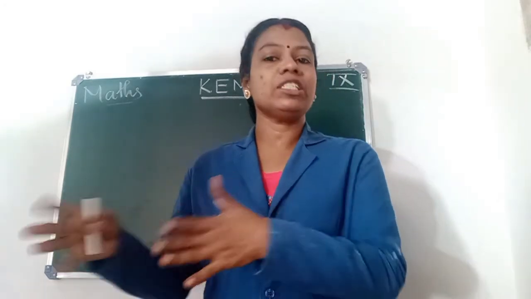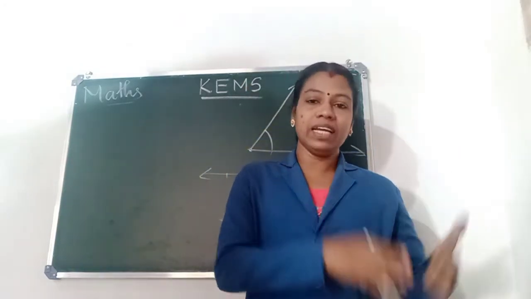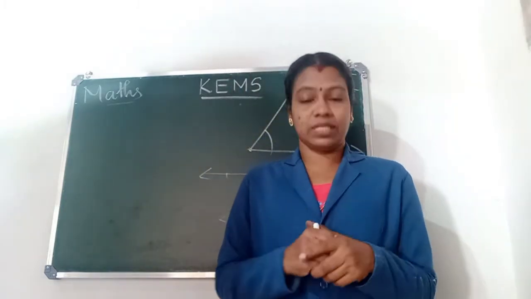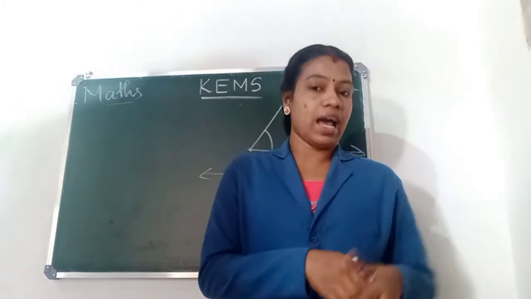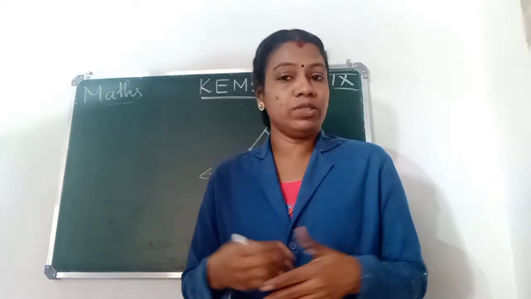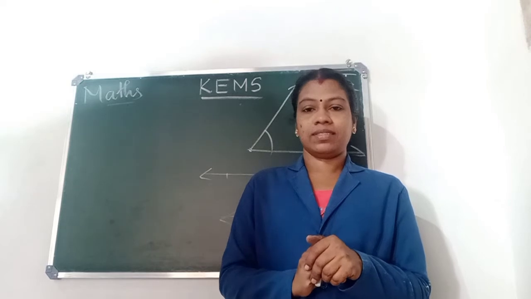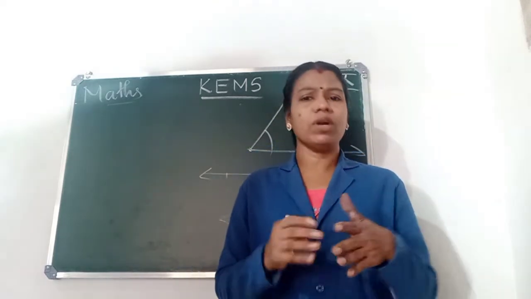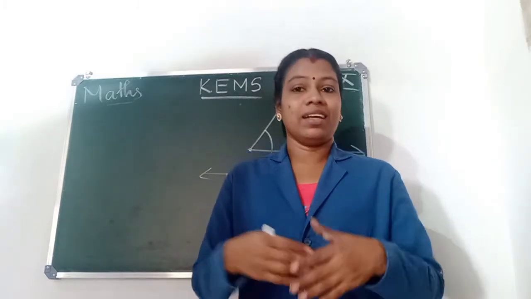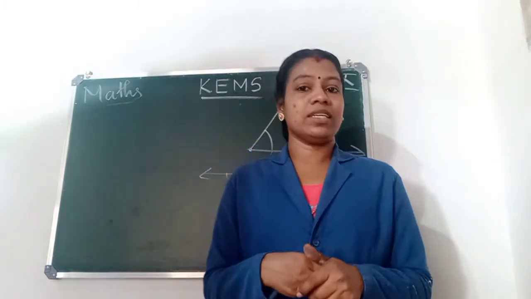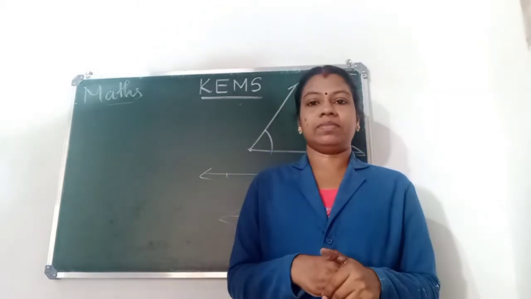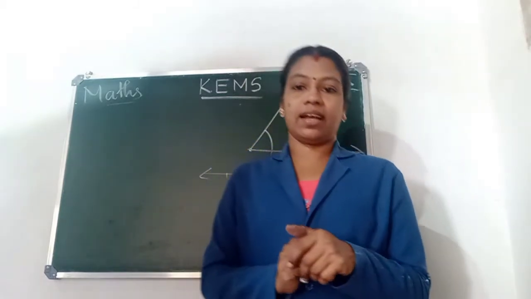An angle which measures between 90 degree and 180 degree is called an obtuse angle. What about a straight angle? An angle which measures exactly 180 degree is known as a straight angle.